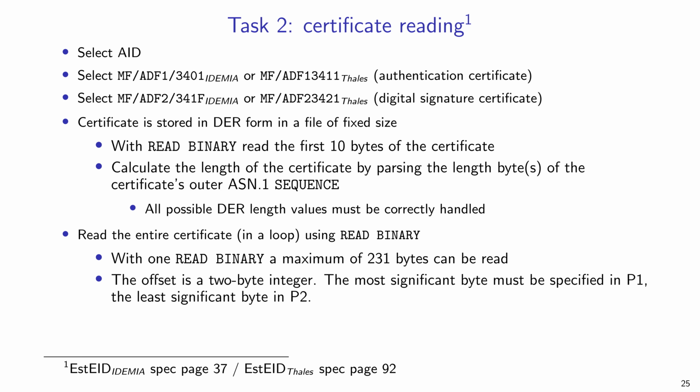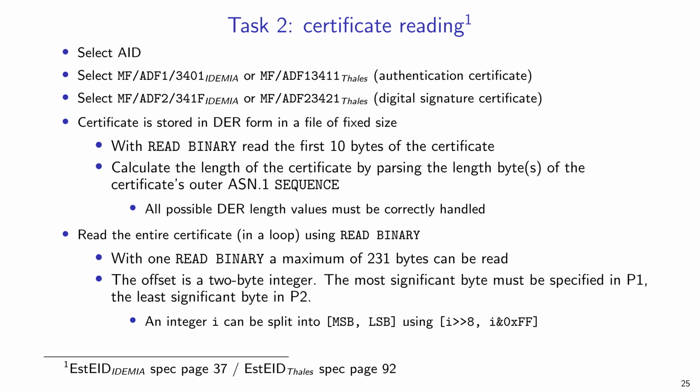The most significant byte of the offset must be specified in P1 and the least significant byte in P2. So how to do that? An integer I can be split into 2 separate bytes, the most significant byte and the least significant byte, by using these bitwise operations. I really hope that by now you all understand what exactly these 2 bitwise operations are doing here.